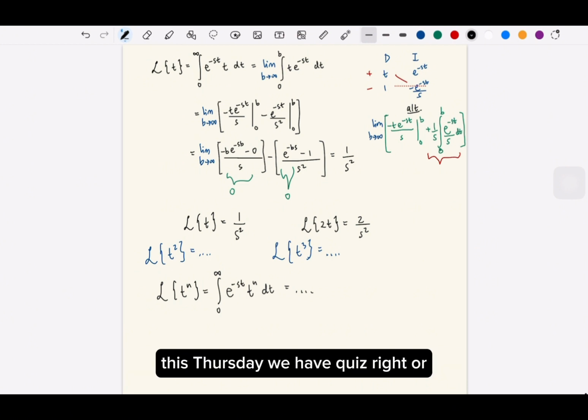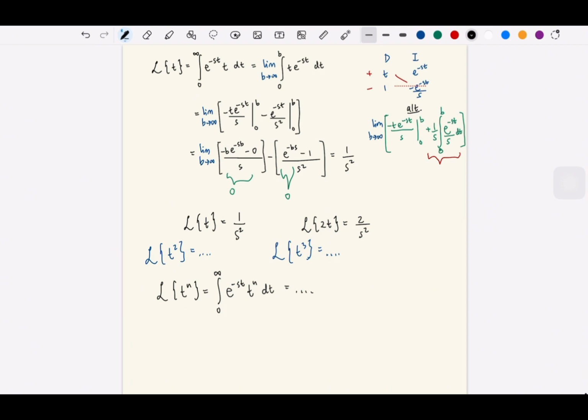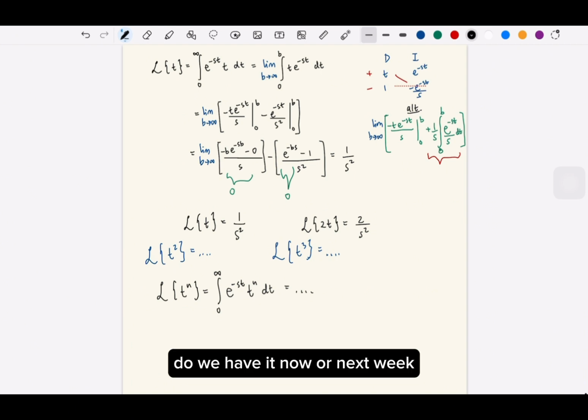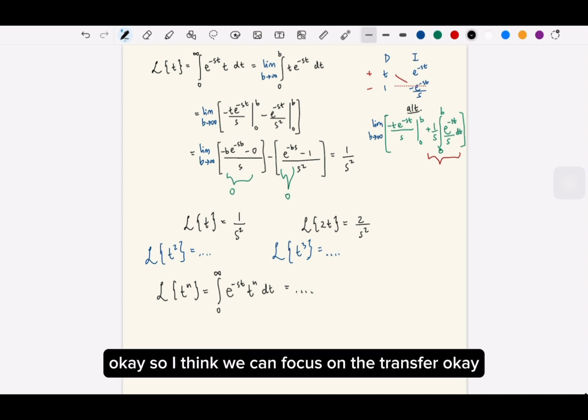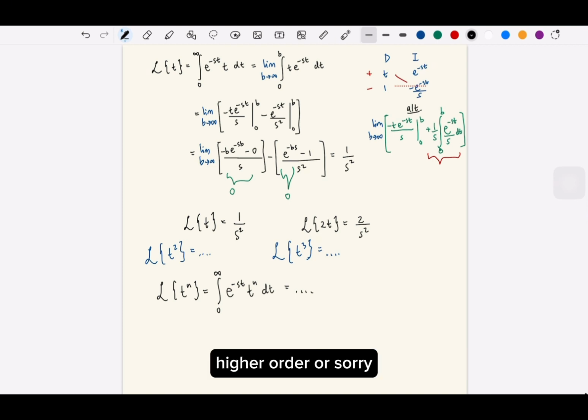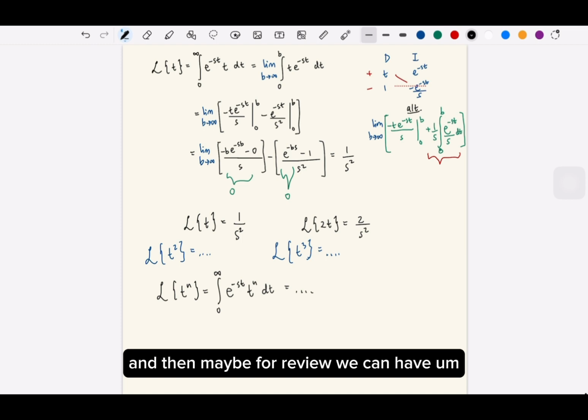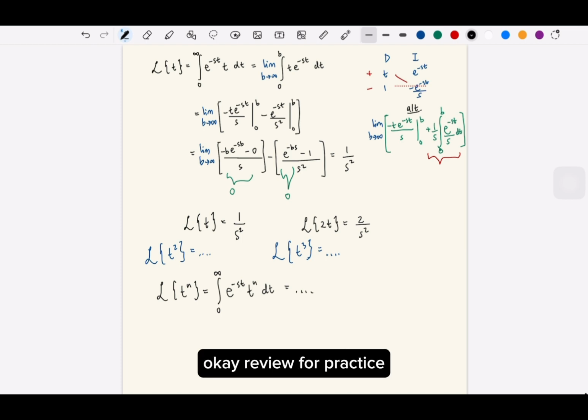Do we have the quiz now or next week? I forgot. Next week, right? Okay. So I think we can focus on the transform. If that's the case, then we can focus on the higher order. So Laplace transform, and then maybe for review, we can have this Thursday, okay? Review for practice.